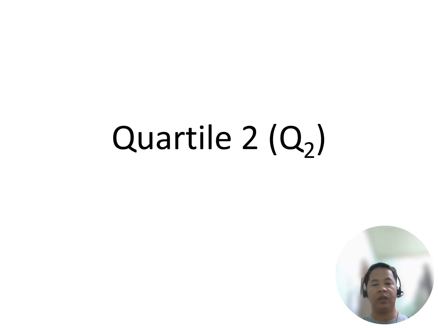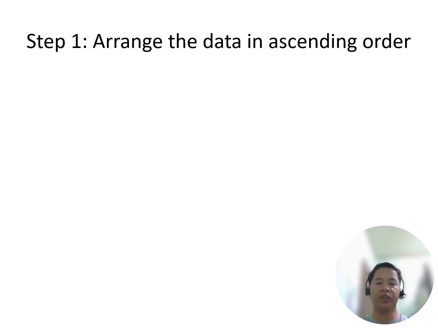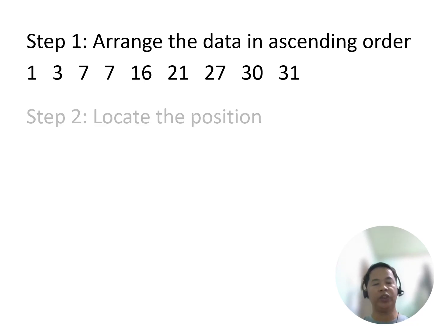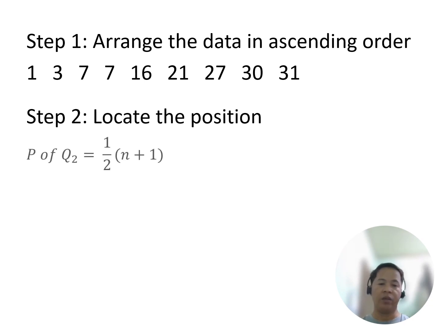Let's have the second quartile. Again, we have to arrange the data in ascending order. Since we already arranged it a while ago, therefore, you need to proceed in step number 2, which is locating the position of quartile 2. So in finding the location of the second quartile, we're going to use the formula 1/2 multiplied by the quantity of n plus 1.